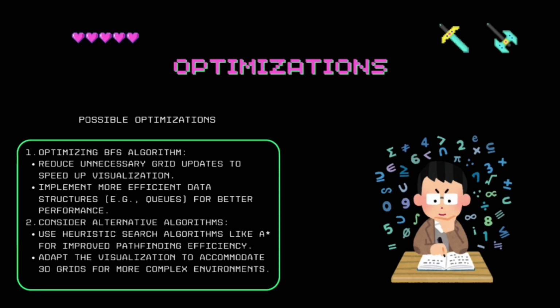Additionally, we might consider alternative algorithms, such as the A-star search algorithm, which utilizes heuristics to guide the search, often resulting in faster and more efficient pathfinding. By tackling these challenges and implementing these optimizations, we can significantly enhance both the performance and user experience of our BFS visualization.